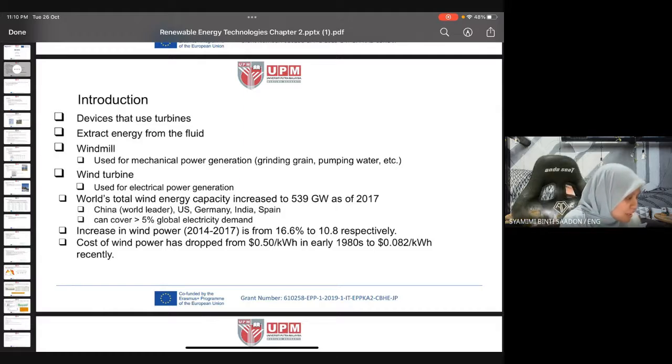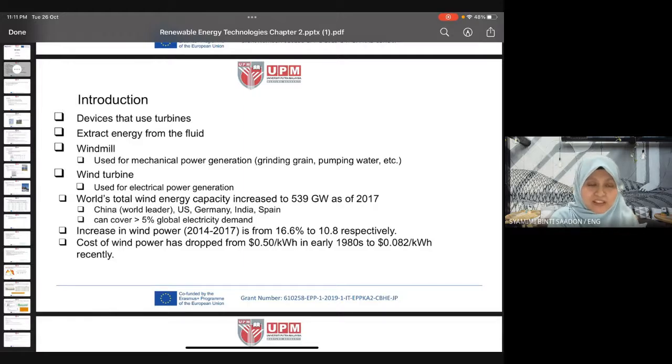So what does wind energy do, and how does it work? This wind energy uses turbines and extracts energy from the fluid.